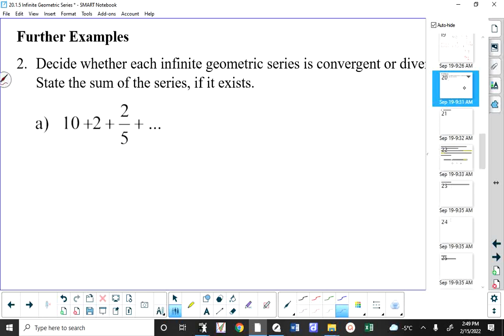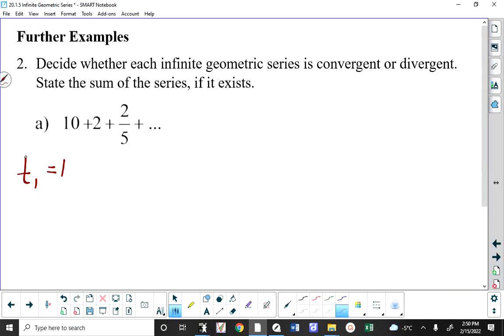Further examples. Decide whether each infinite geometric series is convergent or divergent. So the first term here is 10. The common ratio is what we multiply 10 by to get 2, which is a fifth. Can you confirm that when you take 2 times a fifth, you get 2/5?